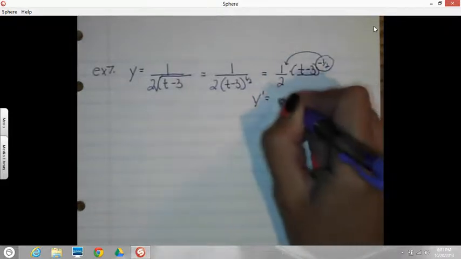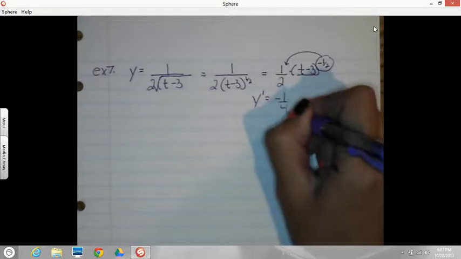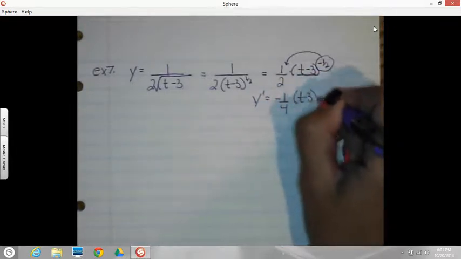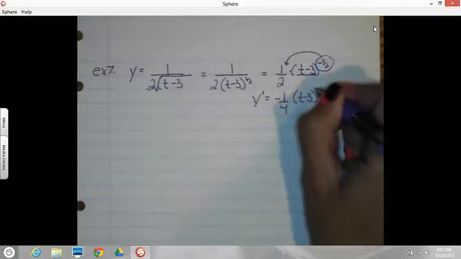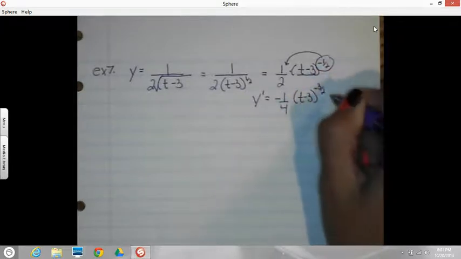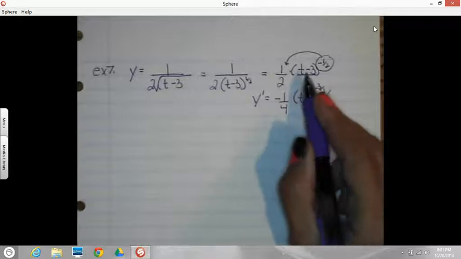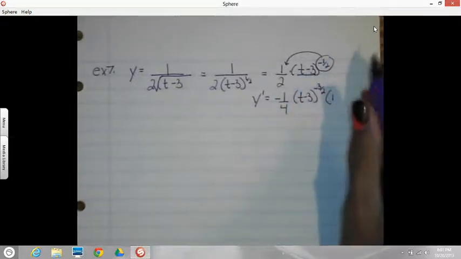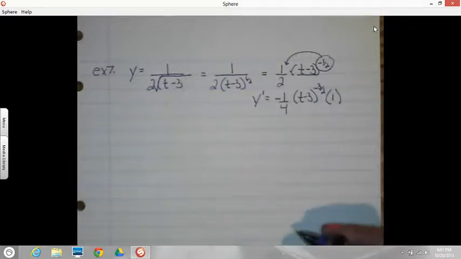That's going to give me a negative 1/4. The inside stays the same. Subtract 1 there, I'm going to have negative 3/2, times the derivative inside, the derivative of t is 1. Derivative of minus 3 is 0. So I didn't even need that. So there's my derivative.